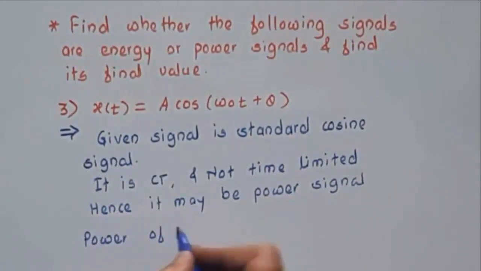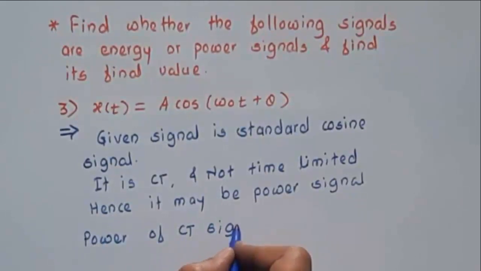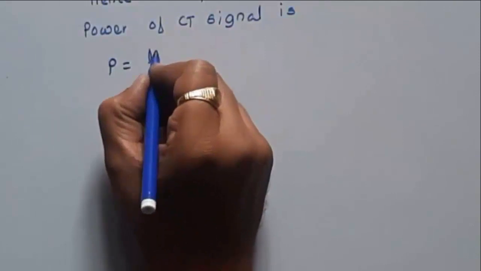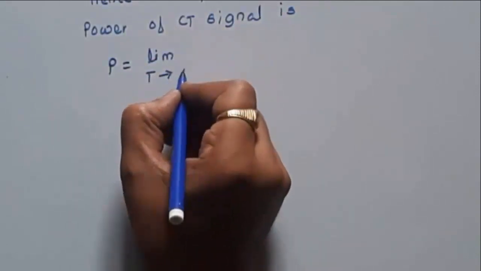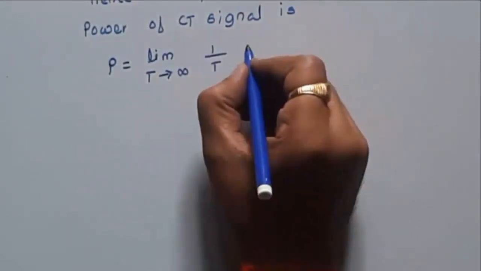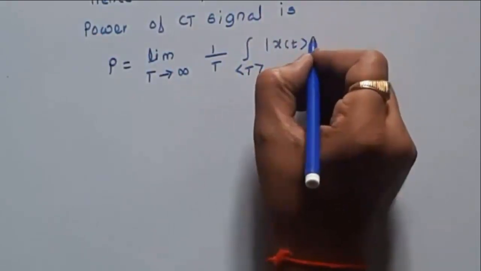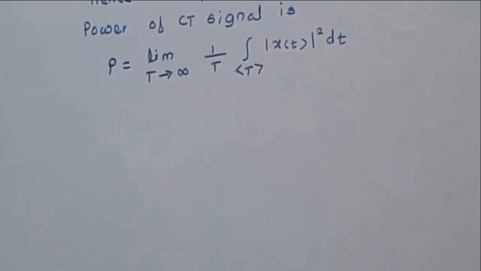Power of a continuous time signal is P equal to limit T tends to infinity of 1 upon T integration over a period T of mod x of t squared dt.